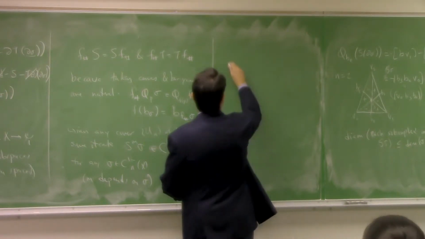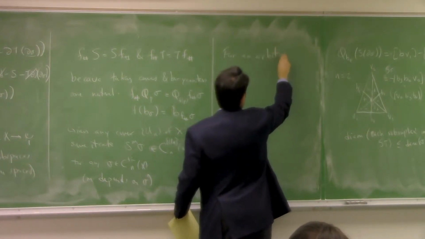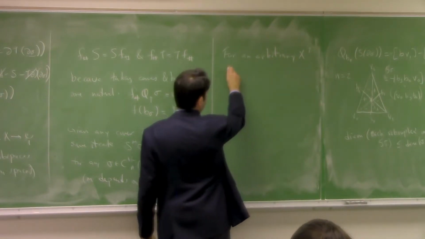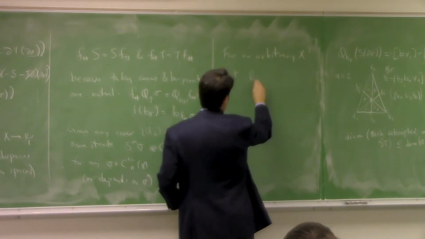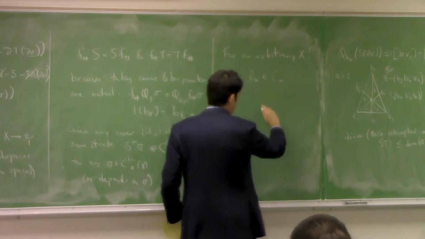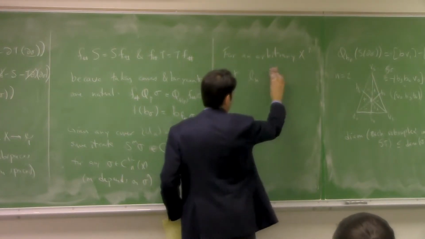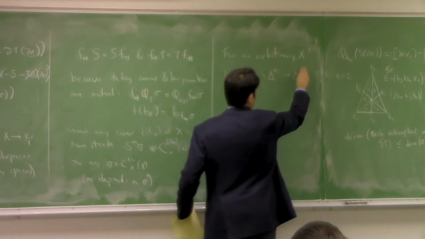Here's what we do for an arbitrary space. Let L_n be an n-chain on the n-simplex. L_n is going to be a singular n-simplex of the n-simplex.